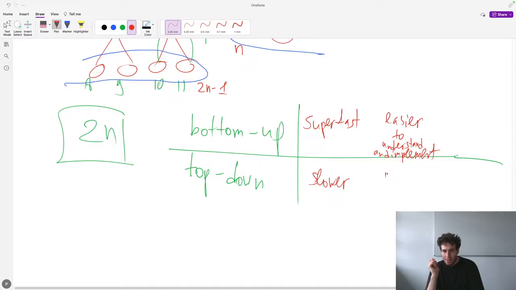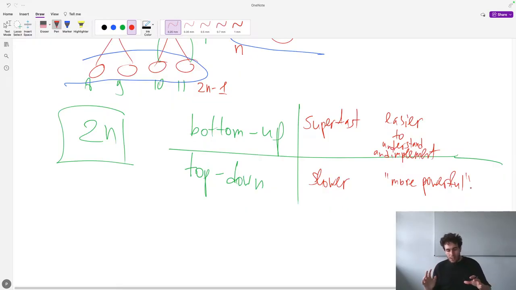So you could think about it as being, what is the right word? More powerful. Almost everything you can do with a bottom-up segment tree, but it's probably gonna take more of your mental energy.